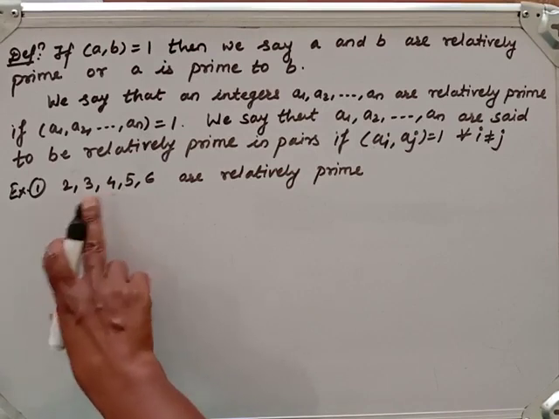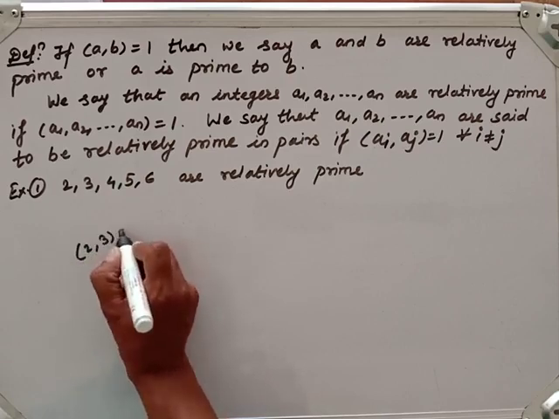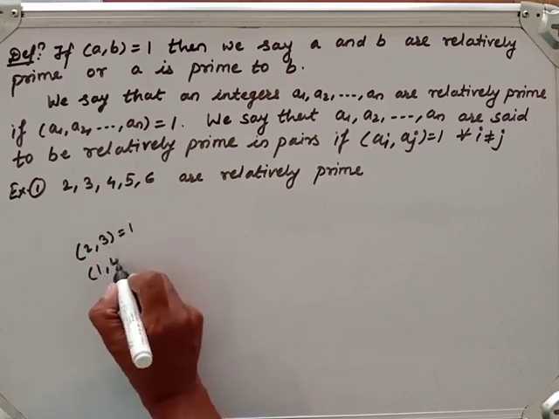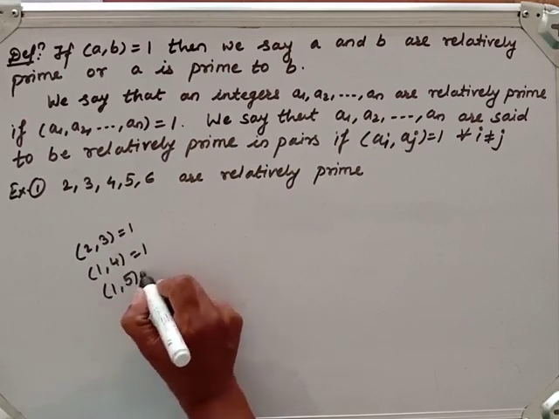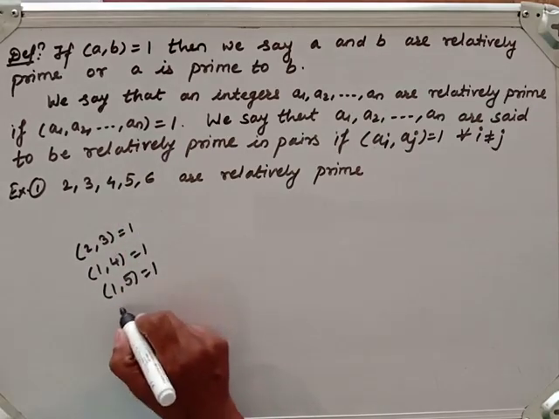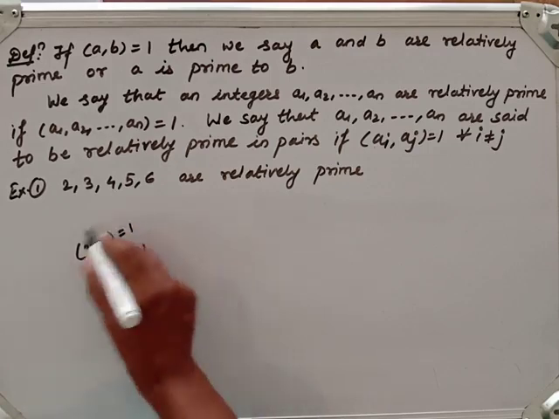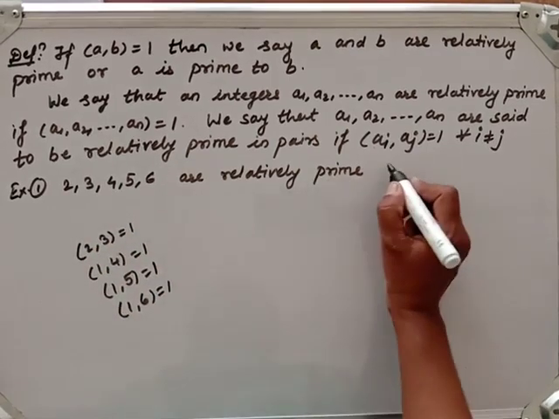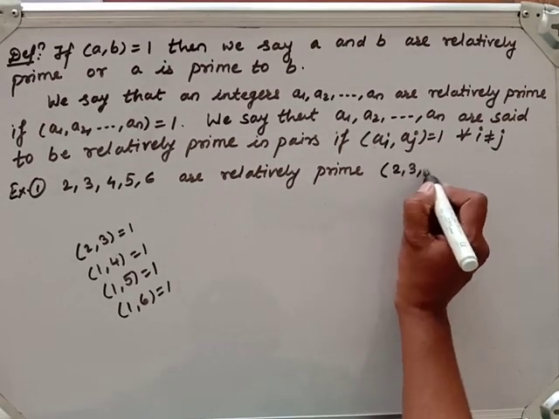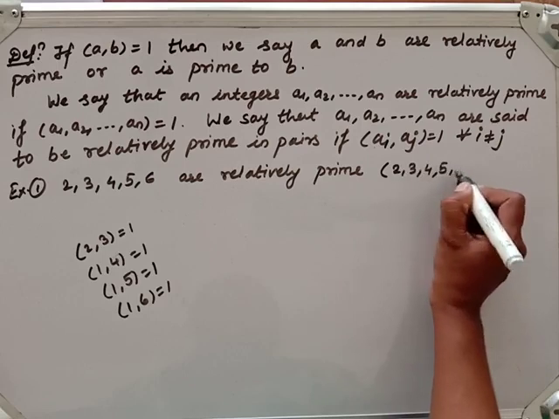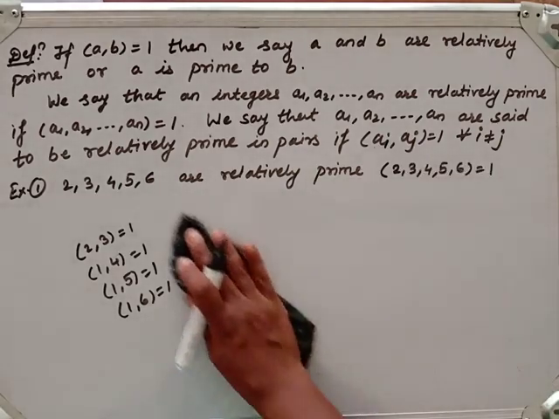That 1 we take with 4, and the GCD is 1. Again that 1 we take with the next number, 5, and its GCD is 1. And that 1 with 6, so its GCD is 1. Together we can say these are relatively prime, as the GCD of 2, 3, 4, 5 and 6 is 1.